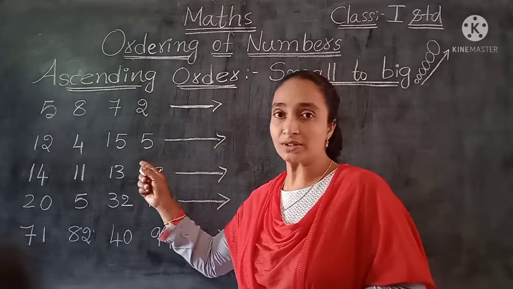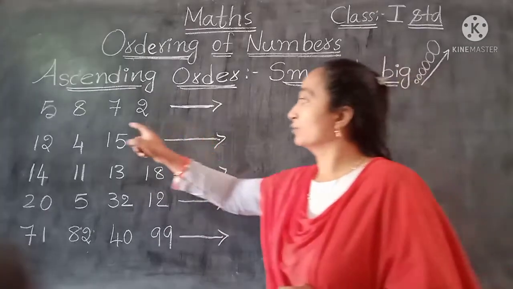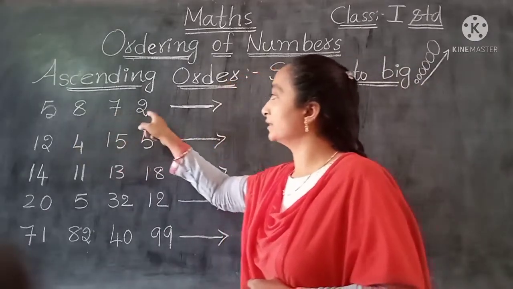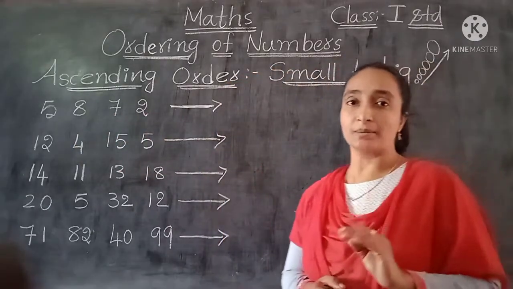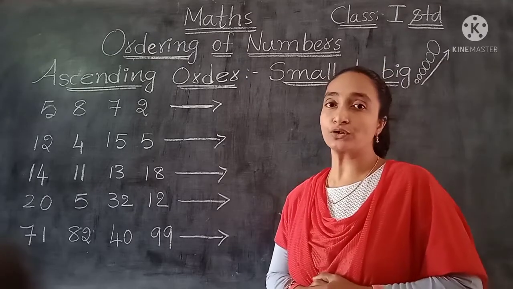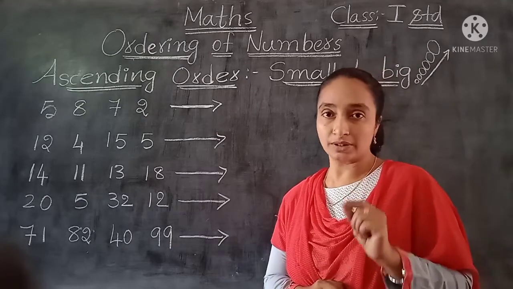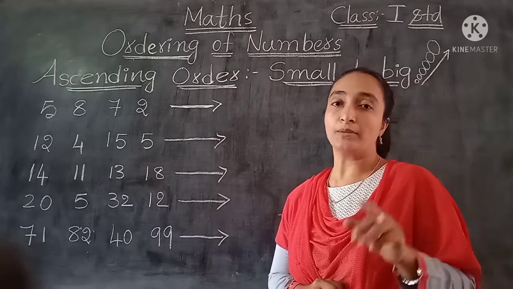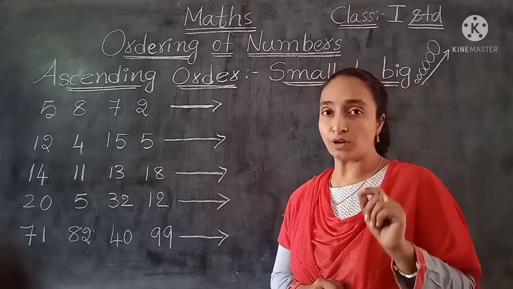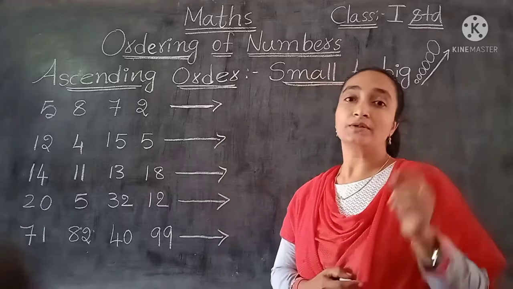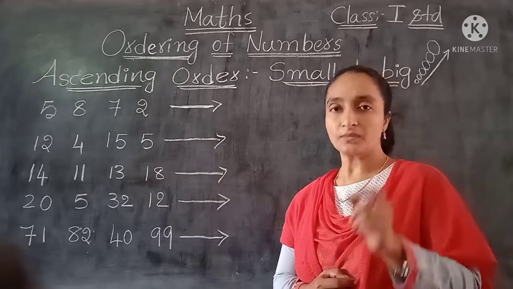Okay, now let us see the first one. Let us start now. 5, 8, 7, 2. Among all these numbers, first we have to take the small number. Among all the 4 numbers, we have to observe and see which is the small number.